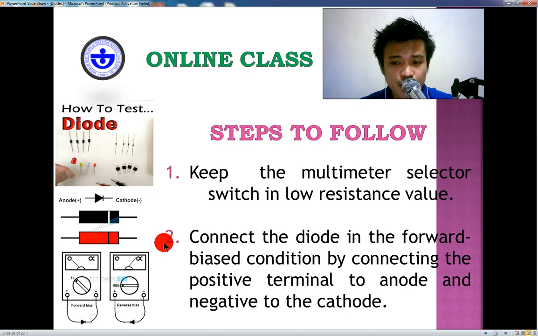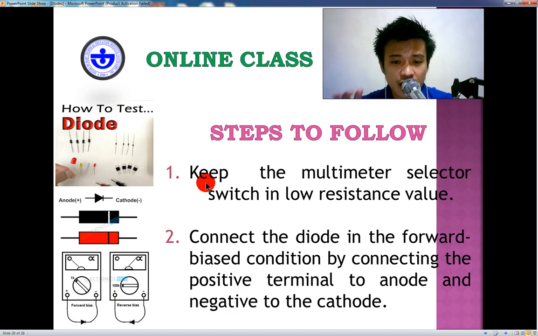The black test probe is connected to the positive, while the red test probe is connected to the negative of the battery inside. So bear in mind that when you use an analog multimeter for semiconductor materials, the black test probe becomes positive and the red test probe becomes negative.